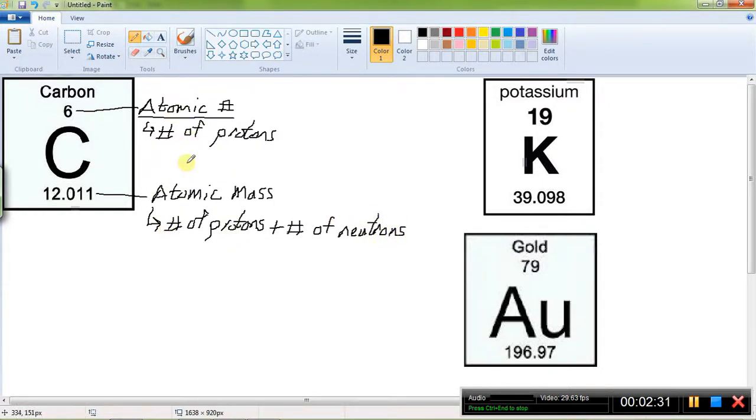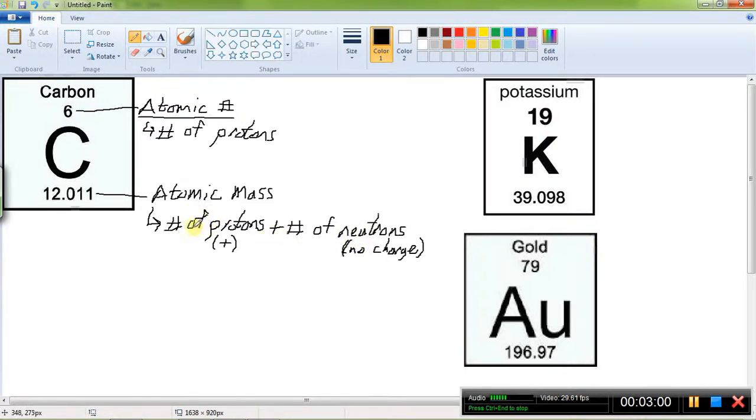If you remember from the last lesson or a couple lessons ago, in the nucleus there are protons and neutrons. Protons have the positive charge, and neutrons have no charge. And we'll talk about electrons in a minute or two. If you remember, the electrons have the negative charge. So the atomic mass is just the number of protons plus the number of neutrons.